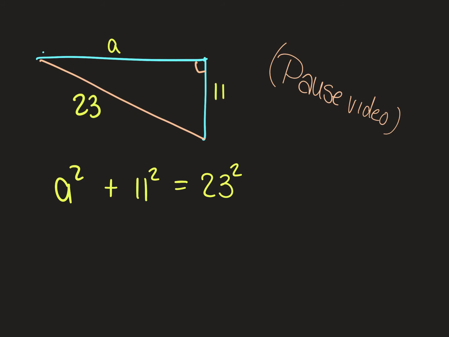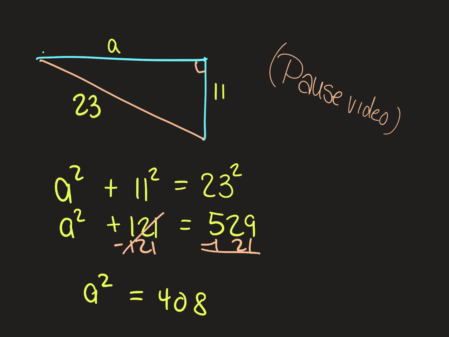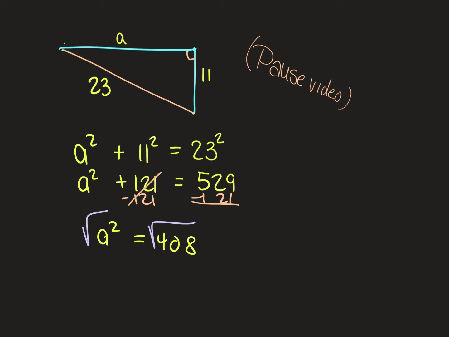Your first line says A squared plus 11 squared equals 23 squared. Your next line says A squared plus 121 equals 529. Then A squared equals 408. Square root each side. Round to the hundredths, and in this case it becomes 20.2.